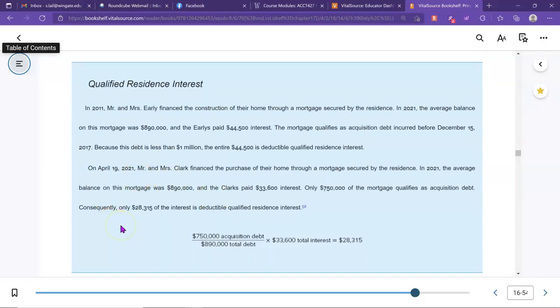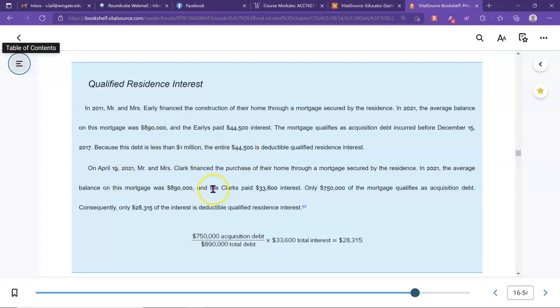They had paid $44,050 of interest, but the principal balance was $890,000. This is one of those cases to let us know that it did impact some people. If the mortgage was before December 15, 2017, they didn't go over that $1 million limit, so all of their interest would be deductible.